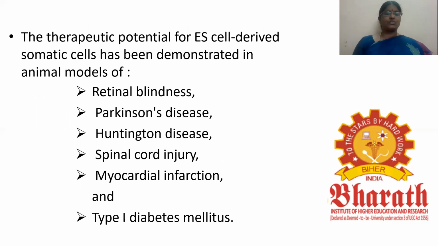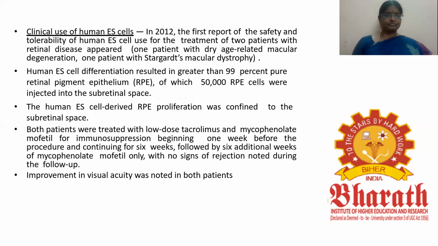It has also been demonstrated in animal models of retinal blindness, Parkinson's disease, Huntington disease, spinal cord injury, myocardial infarction, and also type 1 diabetes mellitus. So the clinical use of human embryonic stem cells mainly has a 99% cure in retinal pigment epithelium therapy.